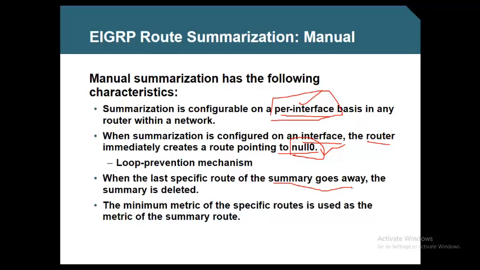Now, if you have different metrics on the different specific routes for which the summarization is done, then the minimum metric of a specific route will be taken as the metric of the summary route. Let me tell you one example.